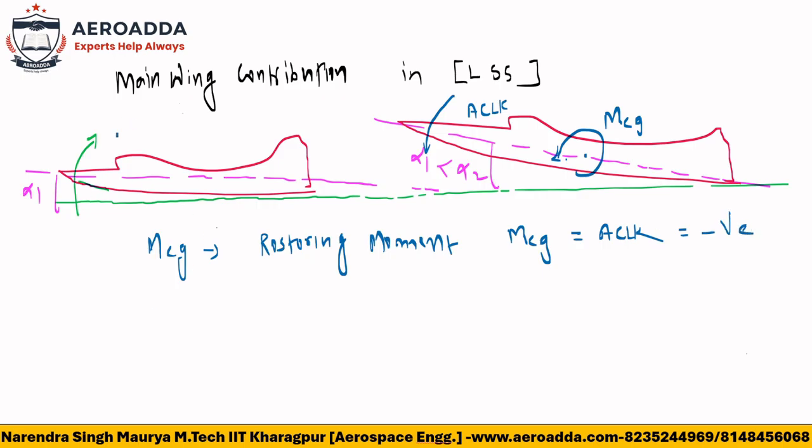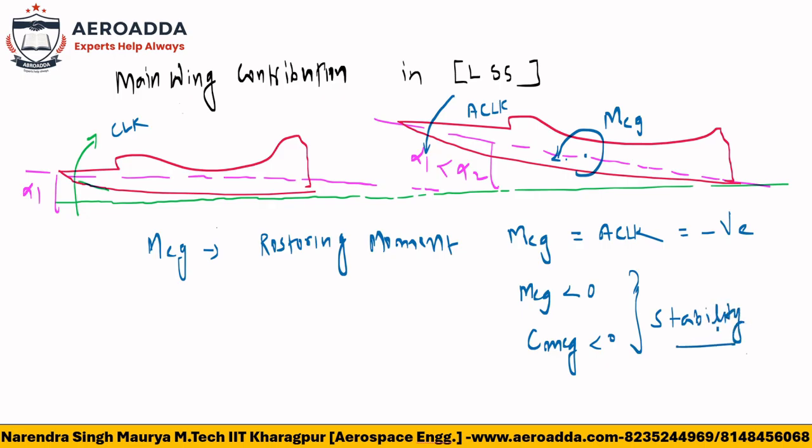If it is going up, that will be the clockwise moment. Clockwise moment must be positive, anti-clockwise moment must be negative. So you can say MCG, or in terms of coefficient, CMCG. This should be negative. It is required for the stability, to make it a negative moment.